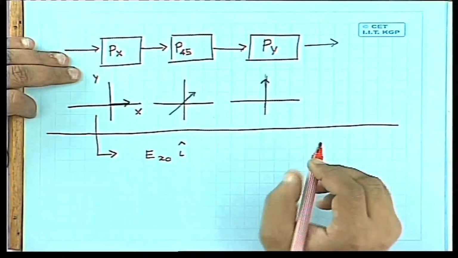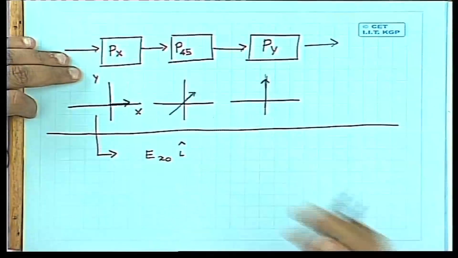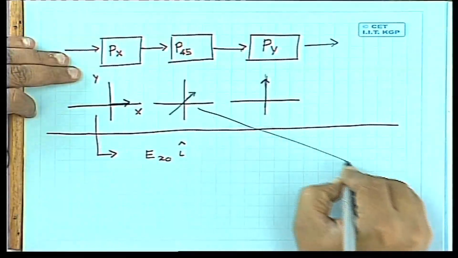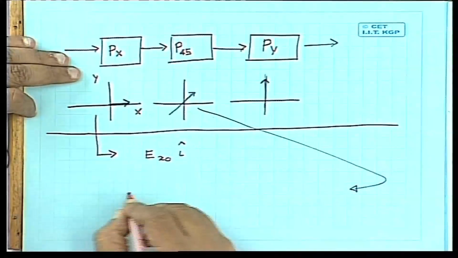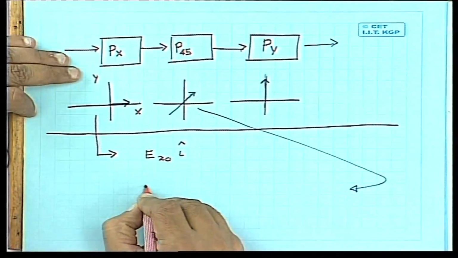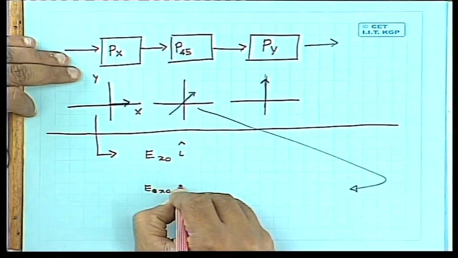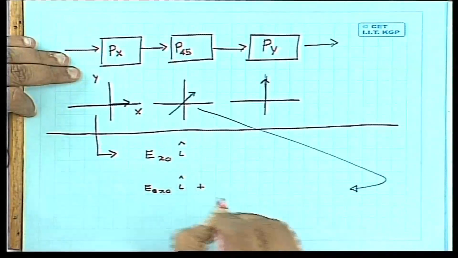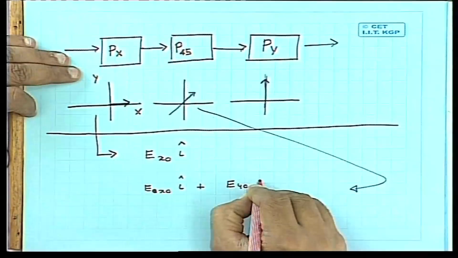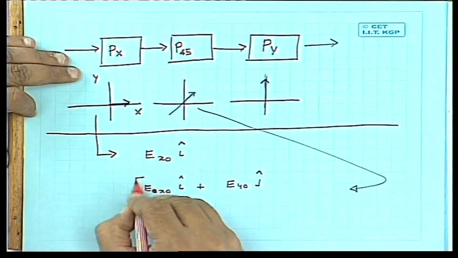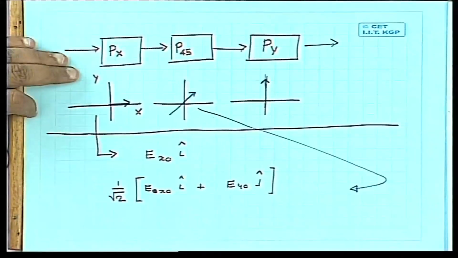Now the polarization state corresponding to the second one is E x naught i plus E y naught j, this whole thing, by 1 by square root of 2.